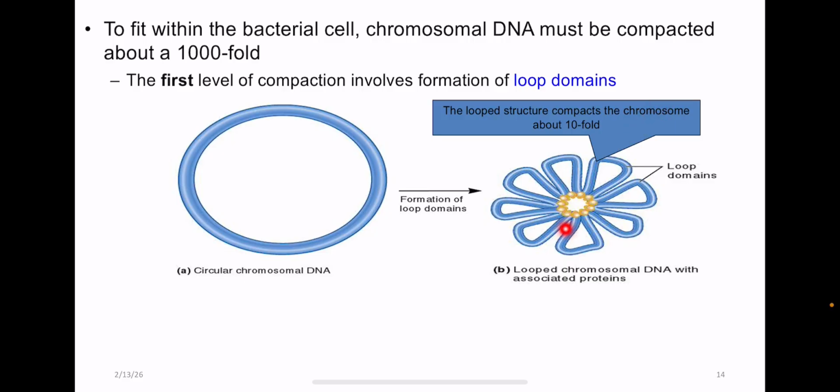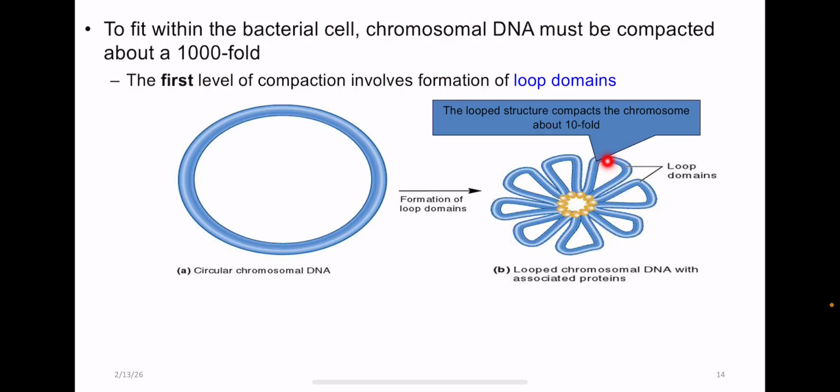This is enhanced by proteins; the proteins were named, but I'm guessing they will be histone proteins. This first level is folding the chromosome about 10 times. The DNA must be compacted about 1,000-fold to be able to fit into the cell.